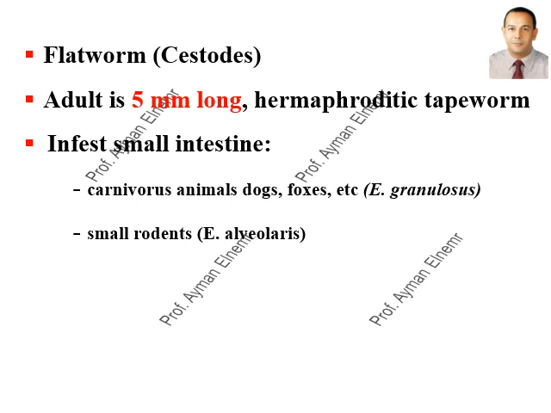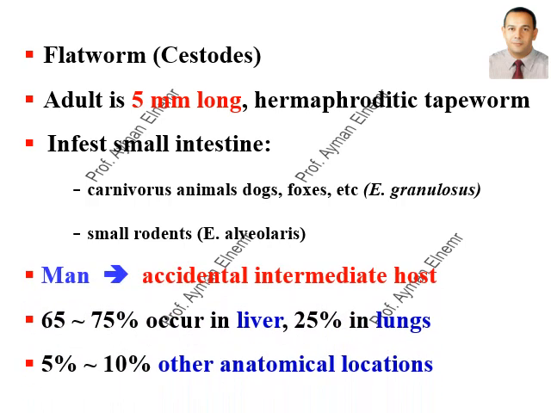The adult parasite is about 5 millimeters long. It is hermaphrodite, as I said before. It infests the small intestine of carnivorous animals like dogs and foxes, which are the definitive hosts. Man is an accidental intermediate host.